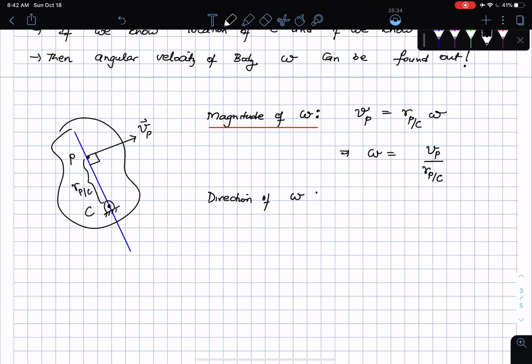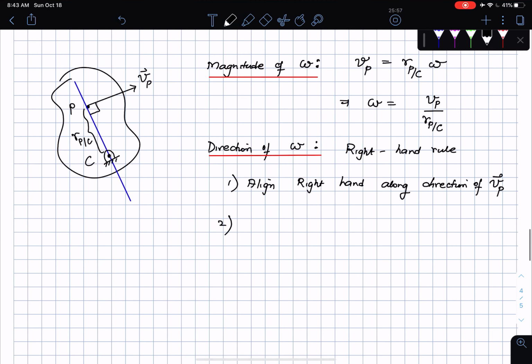Direction of omega, I have to use the right hand rule. Okay, here is the right hand rule. Align right hand along the direction of VP. Just follow along with me. Then you face your palm towards the ICR.